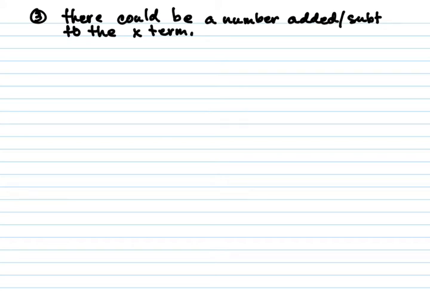To find this number that can be added or subtracted, sometimes you can just look at it and see. But the easiest way to make sure that we know which value is to test using substitution.